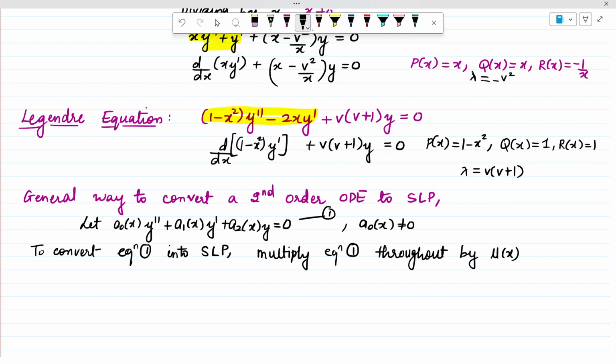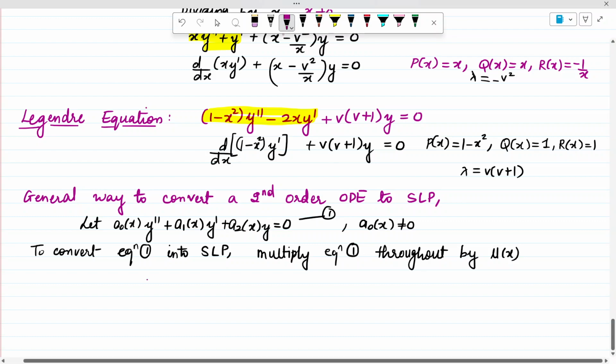It is given by 1 upon a naught of x, since a naught is non-zero, times the exponential of the integral of a1 of x divided by a naught of x dx. When you multiply by this nu of x, equation 1 will get converted to the standard form of a Sturm Liouville problem, and then you can apply the method. Boundary value conditions, of course, will be given to you to solve it. I hope this is clear.